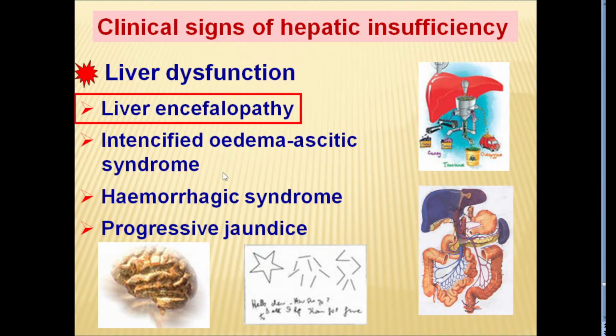There are many signs of hepatic insufficiency, but I'll draw your attention to liver encephalopathy, because jaundice may be a primary sign of liver pathology in any exacerbation of chronic hepatitis.